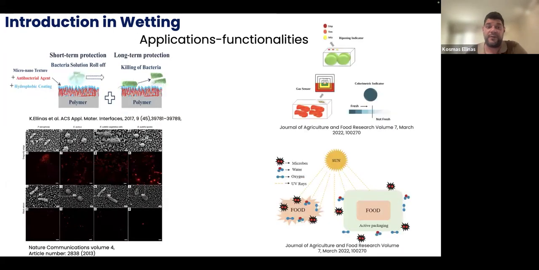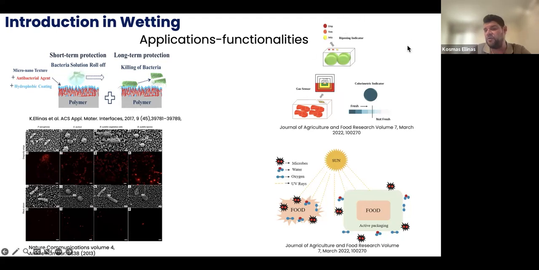And of course, I can create antibacterial surfaces, antifungal surfaces, and surfaces that can be used, for example, in food science, in packaging, and extend the shelf life of the product, or it can be used in general, let's say, in surfaces of general interest and have fewer contaminations.